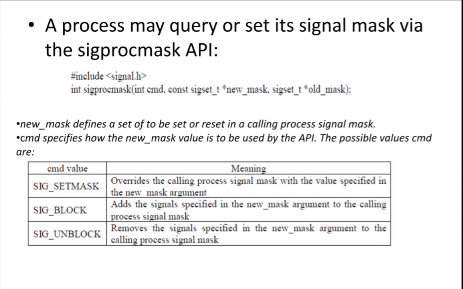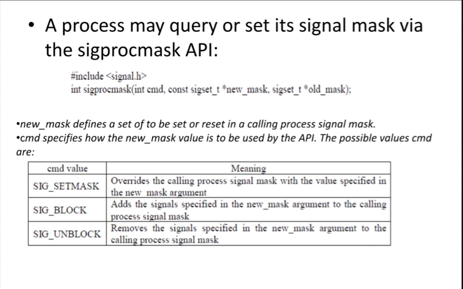CMD specifies how the new mask value is to be used by the API. You have set the new mask, and how it should be used is specified by CMD.